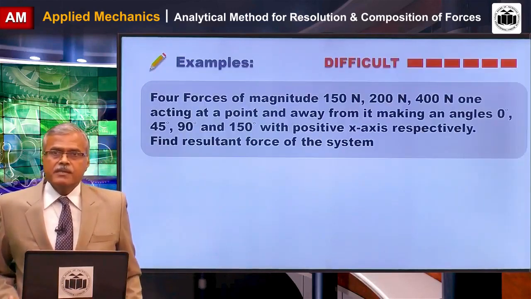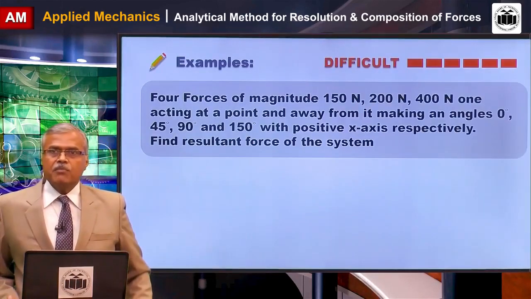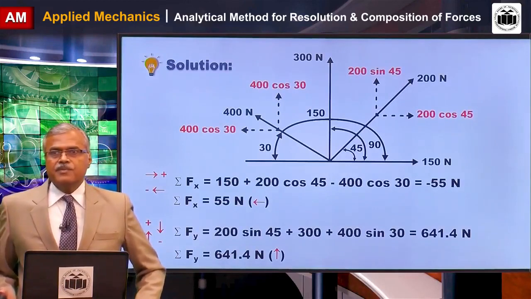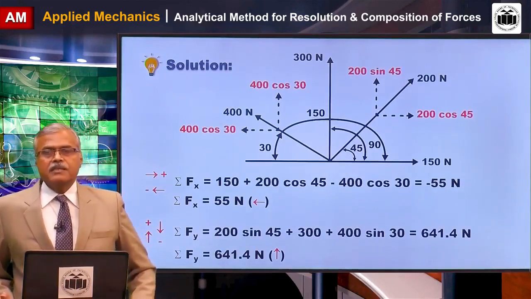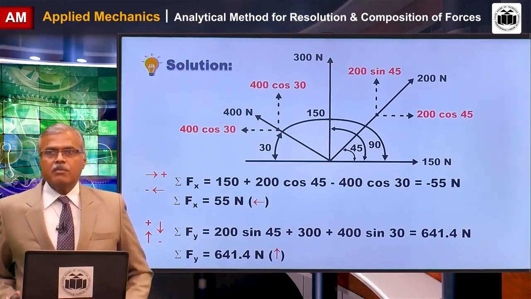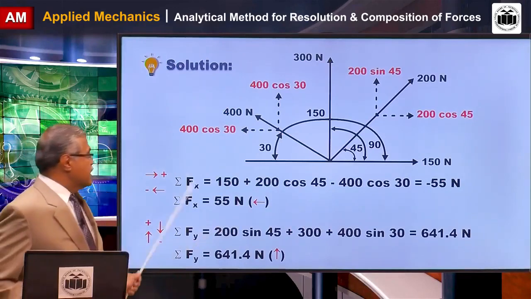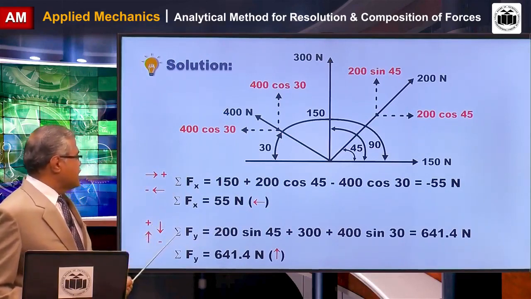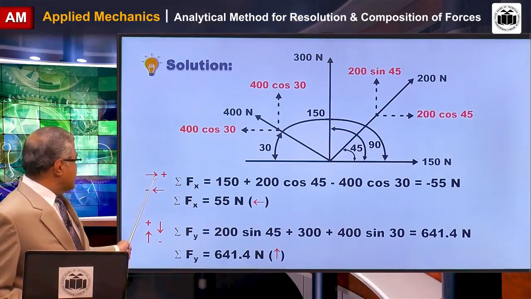Here is the solution for example number 2, which consists of a coplanar concurrent force system. Here we have to remember that sign convention is a very important part of solving these problems. Sign conventions are required for finding summation Fx and summation Fy. Students commit mistakes while taking these signs as positive and negative.